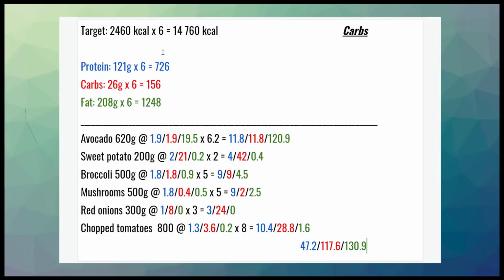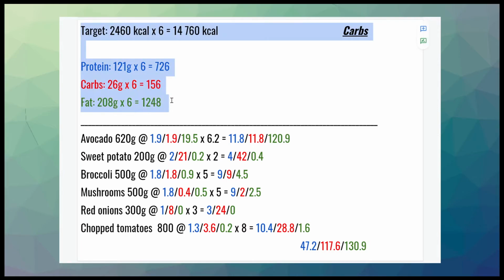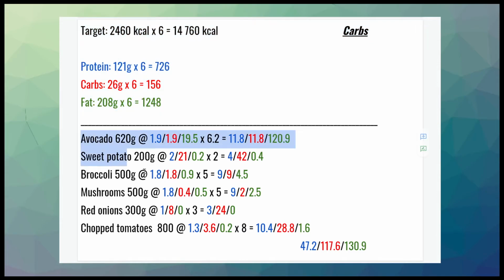Okay, next I will do the carbs. Again, on top I have my target numbers, so I can keep an eye on how close I'm getting. And here I'll have the vegetables counted, on top avocado, probably the best one you can have. Always have quite a lot each week. Very high on fat, low on carbs. That's what you want when it comes to vegetables.